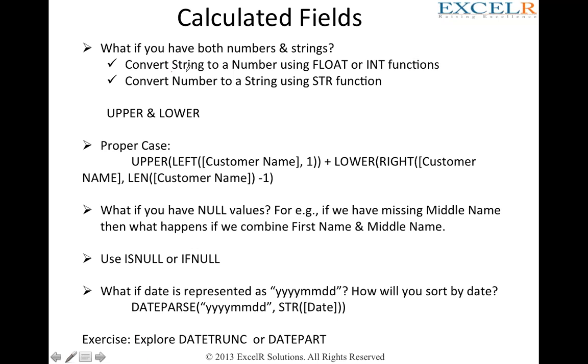When we have a string and we want to convert that to numbers, we use float or integer. And when we have numbers and want to convert them to string, we use the function str before that field name, and then we combine. We can convert number to string and string to number. String to number is float or integer. Number to string is str.